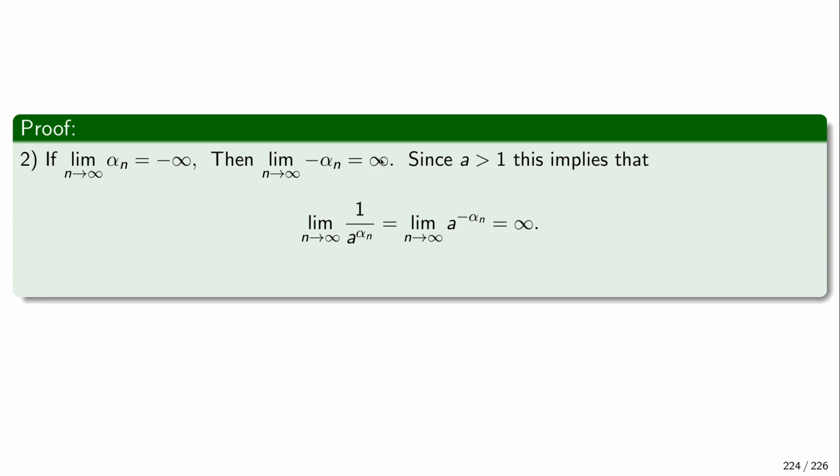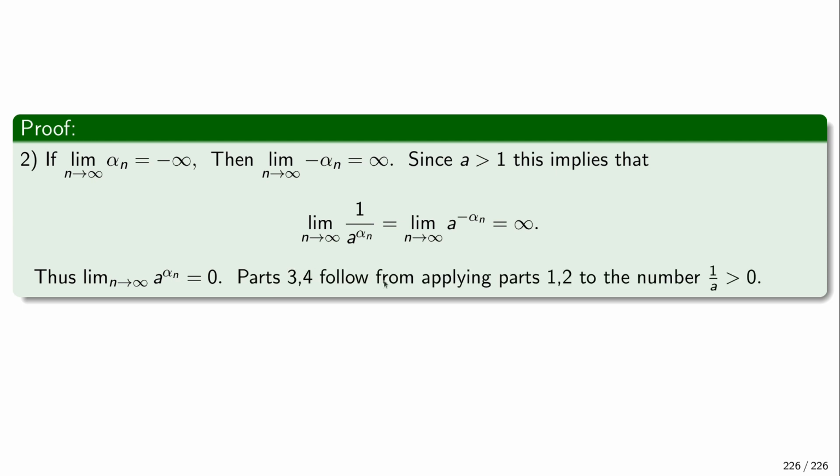So negative alpha n converges to positive infinity, so a to the power of a sequence going to positive infinity is infinity. So what we have here is that 1 over a to the power of alpha n converges to infinity, which proves by the result that we had that this limit is 0. Since 1 over the sequence converges to infinity, then this limit is 0. And 3 and 4 follow from applying parts 1 and 2 in a similar manner.